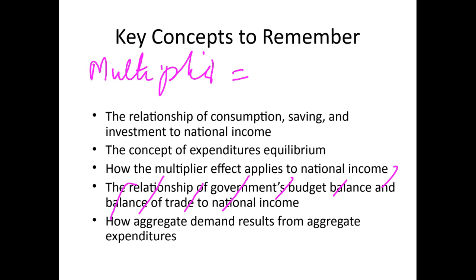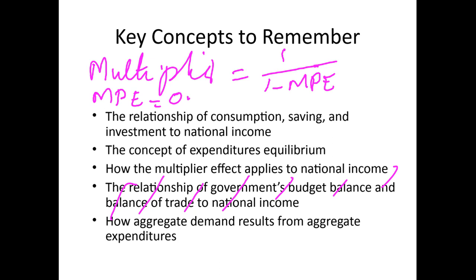Now let's take two values for multiplier. So first take value of MPE, marginal propensity to expend. Let's say this is 0.1. Okay, so if the value of MPE is 0.1, what do you think would be the value of multiplier?